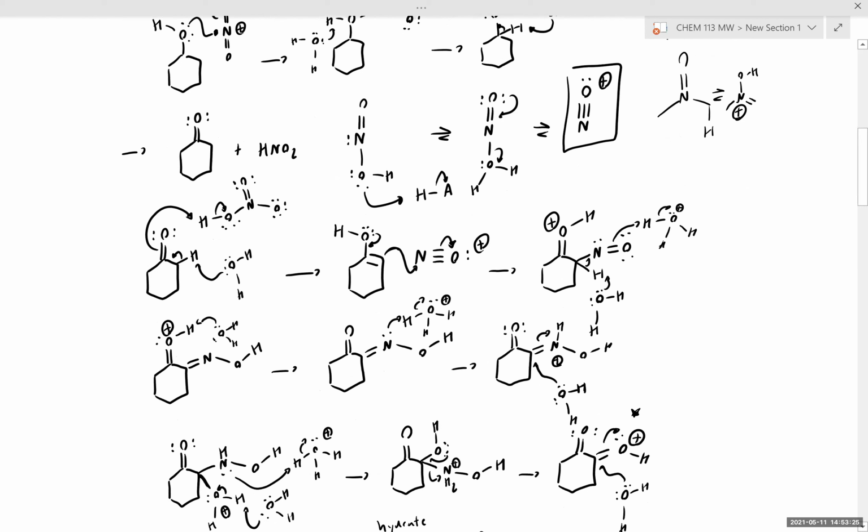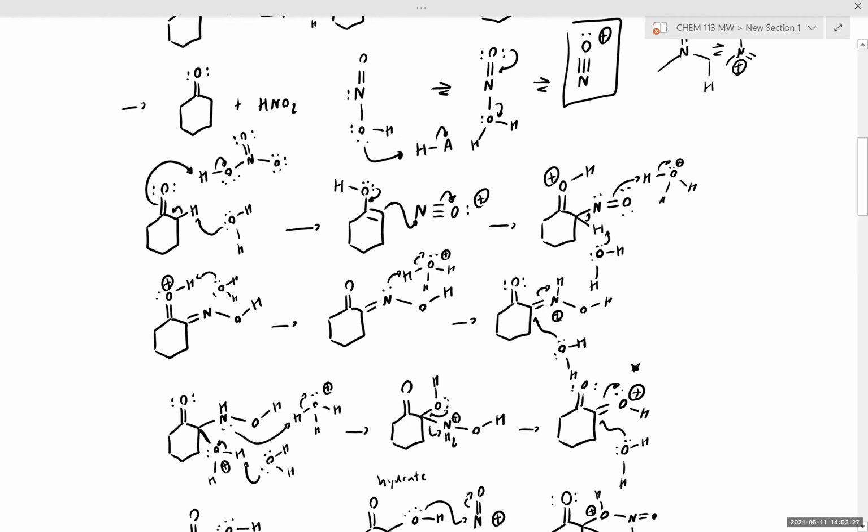Finally, we protonate and we engage in a series of proton transfers to isomerize this nitroso compound to this imine-like functionality, which can then be hydrolyzed with water.